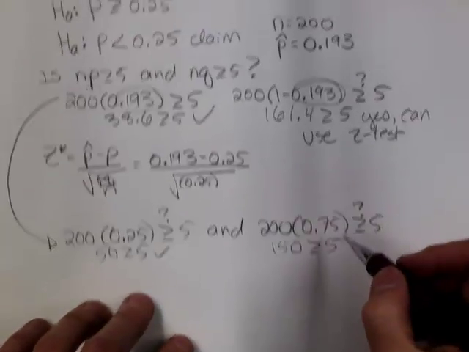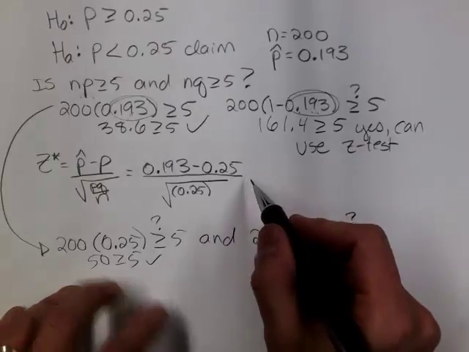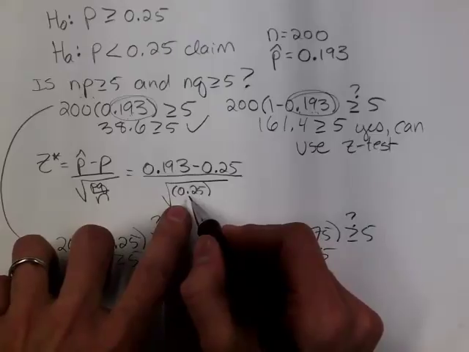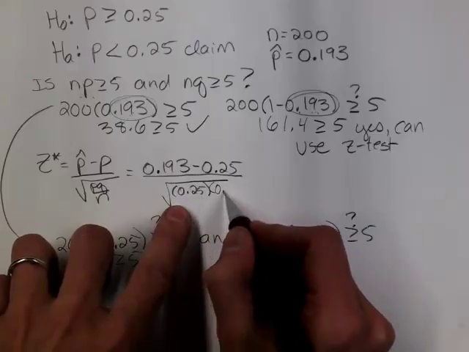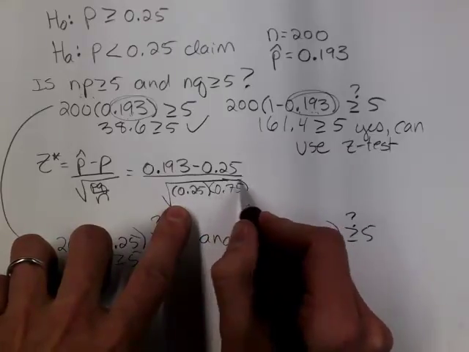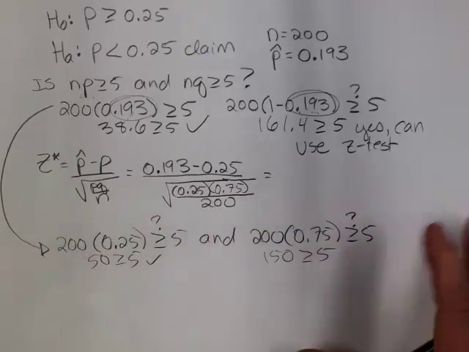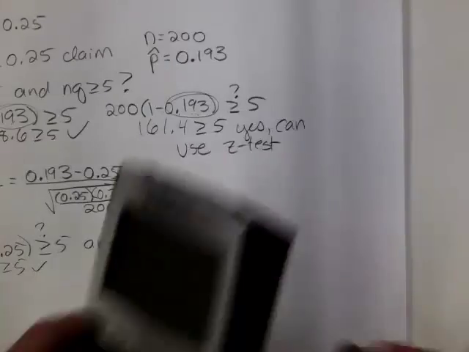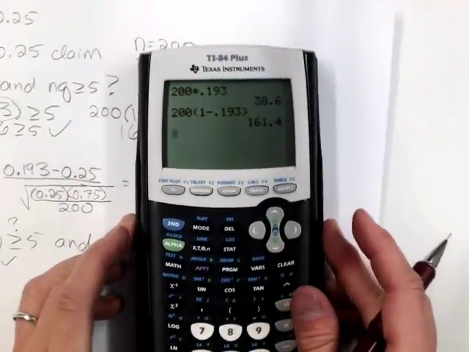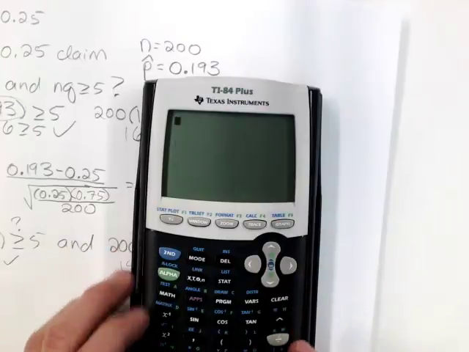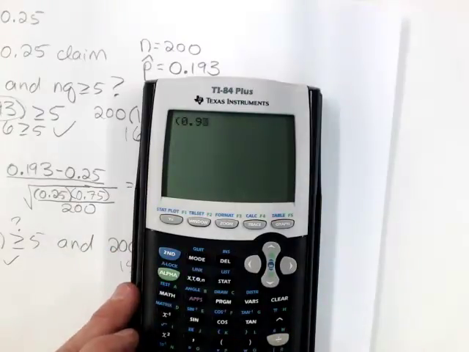All right, so going back to the test statistic, in this denominator, I have 0.25 times 0.75 over 200. I know it's kind of cumbersome to input into the calculator, so I'm going to use parentheses around the numerator.